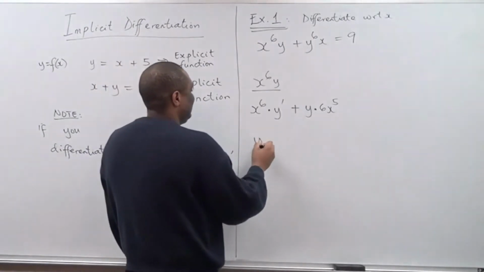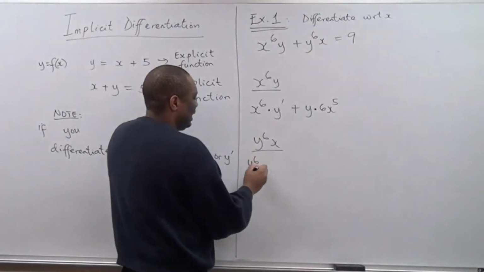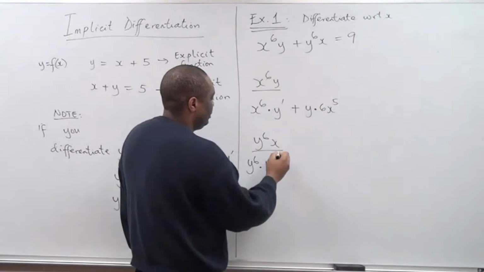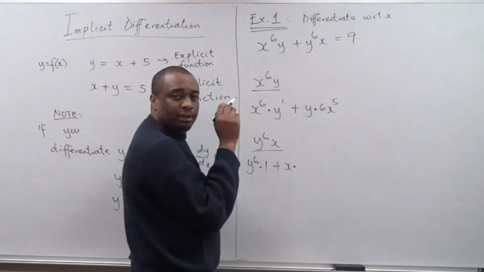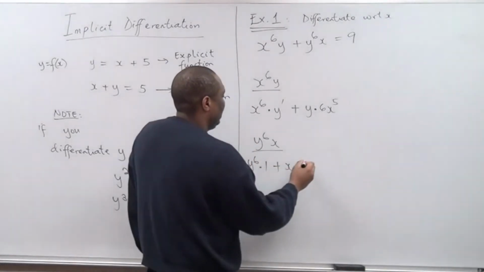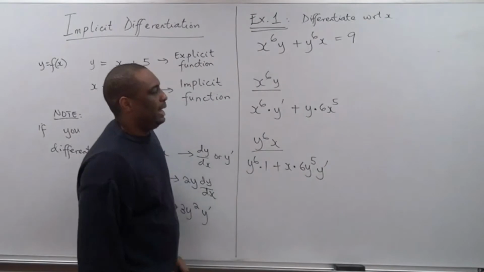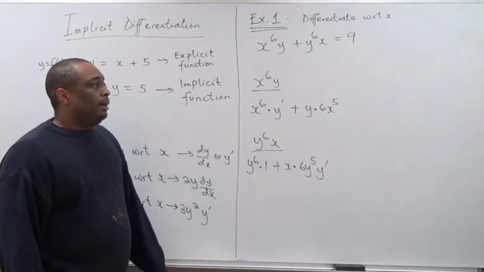Now if you have y^6 x, you keep y^6 constant, you differentiate x, gives you 1, plus you keep x constant, you differentiate y to the power of 6, it gives you 6y^5 y prime, the dy/dx. You have to be careful in this.